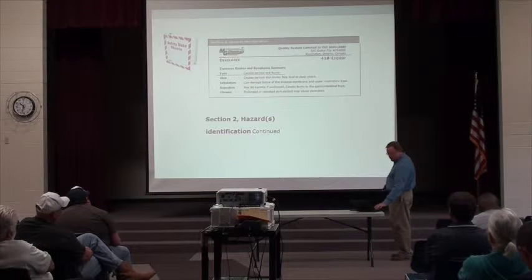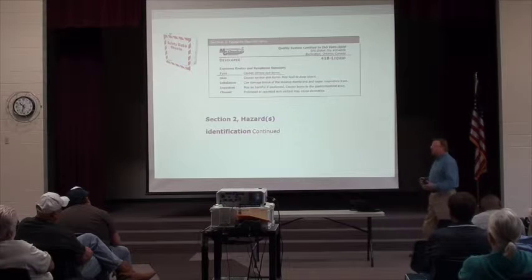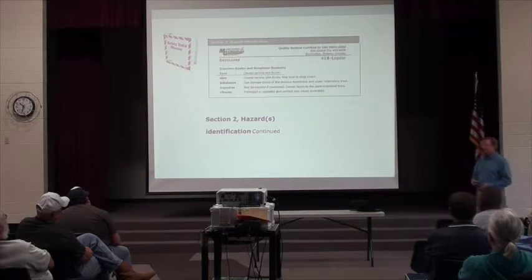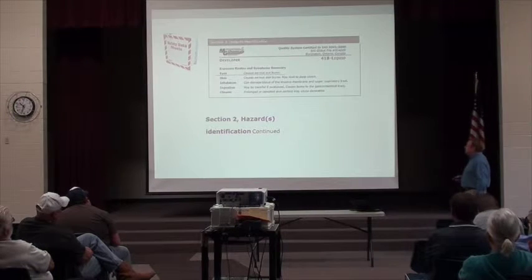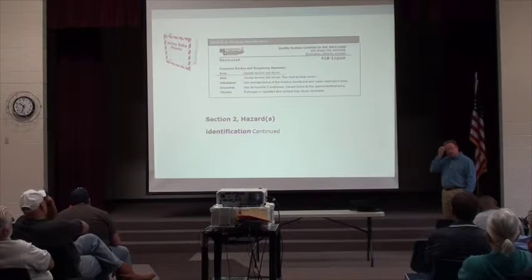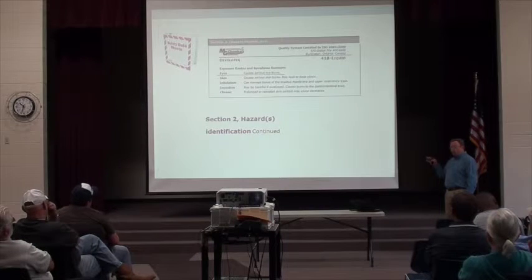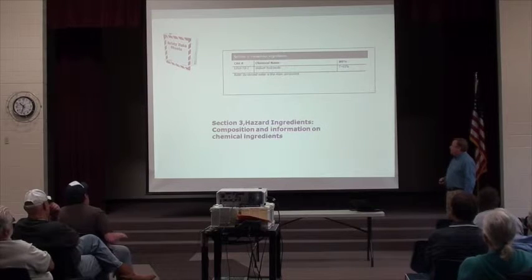The other piece of it is going to tell you the chronic effects, in other words, over a period of time. For this particular chemical, prolonged or repeated skin contact may cause dermatitis. So it's telling you what the prolonged problem is with this particular one.